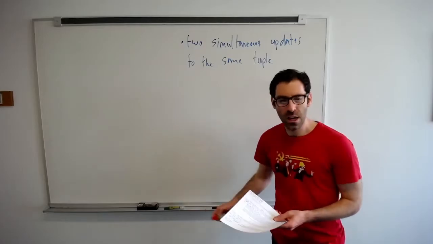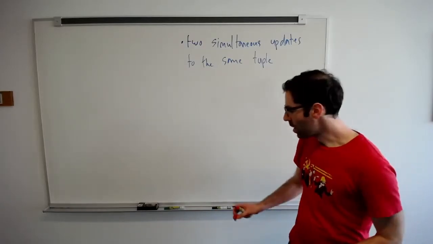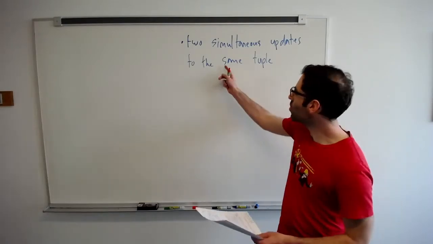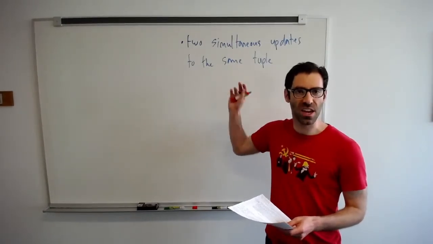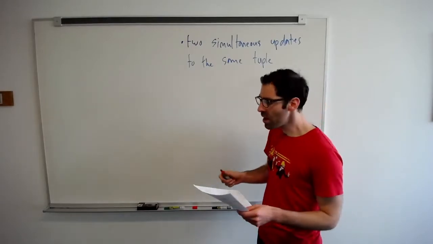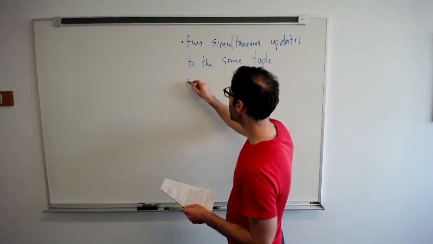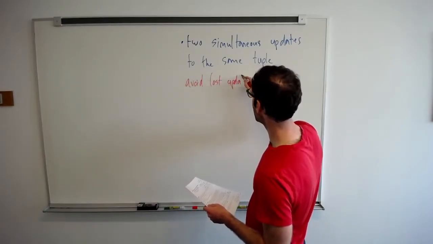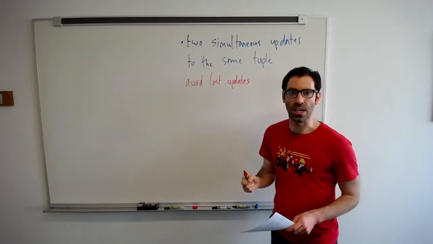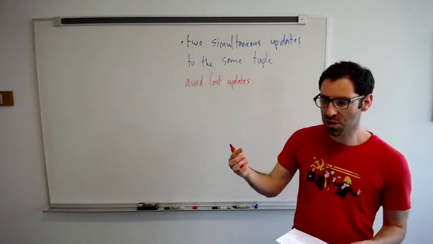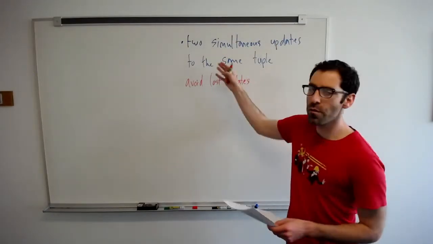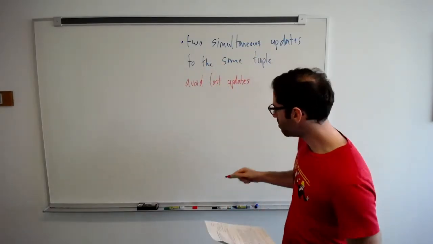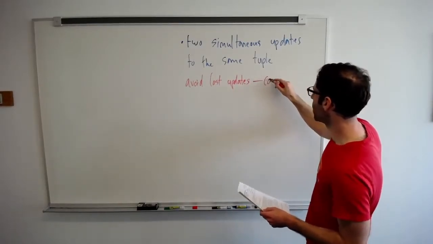This is something that can easily happen if we have multiple users interacting with the database, and they both try to update the exact same piece of data at the exact same time, and we need to be able to avoid lost updates. So we need the database to provide some way to resolve this situation in a consistent and predictable manner.